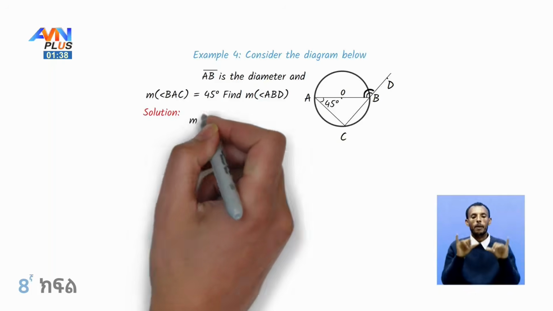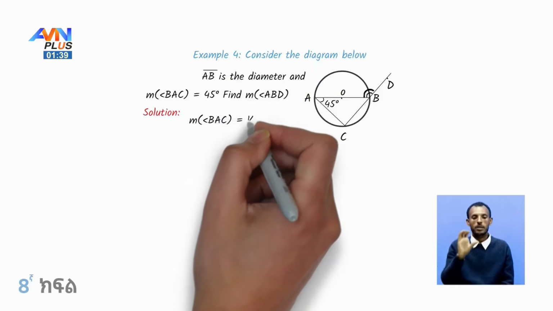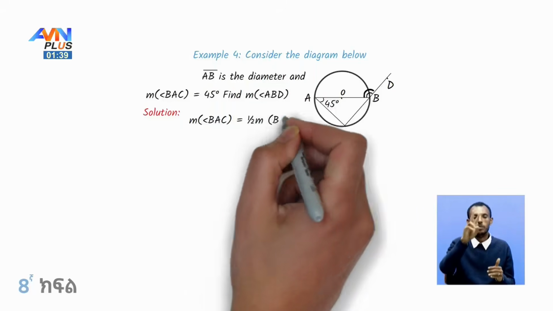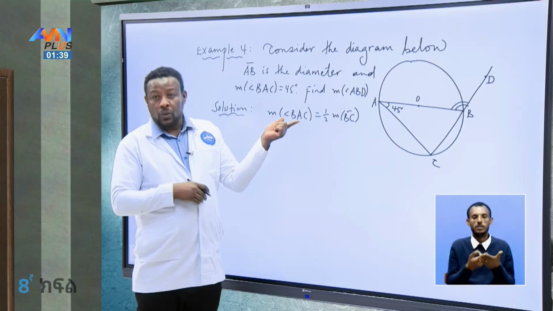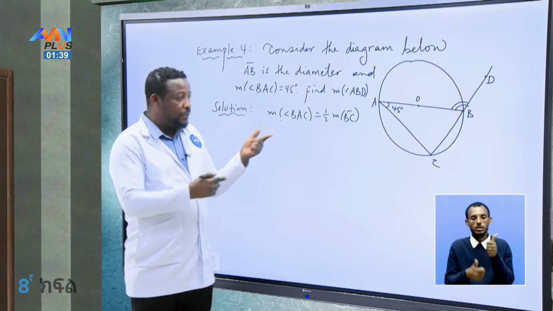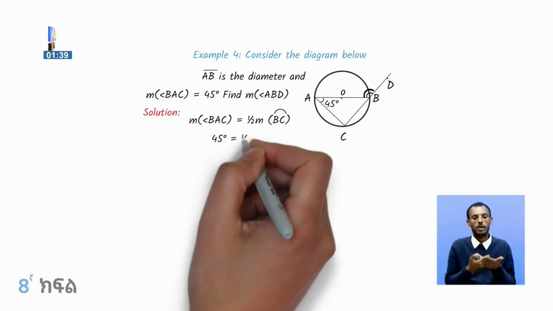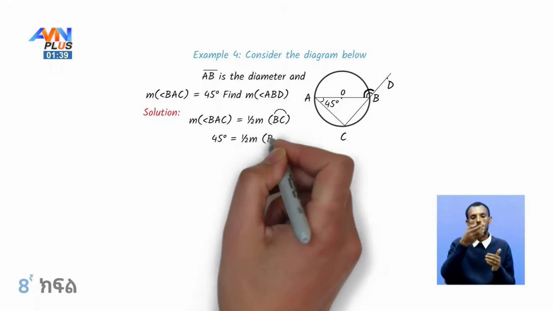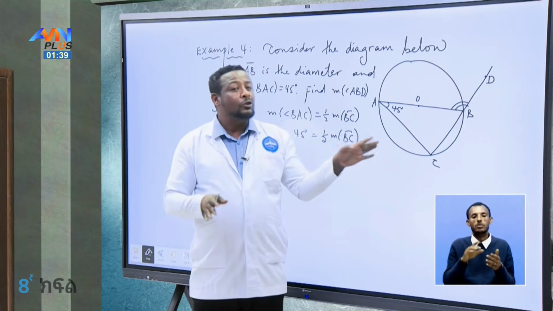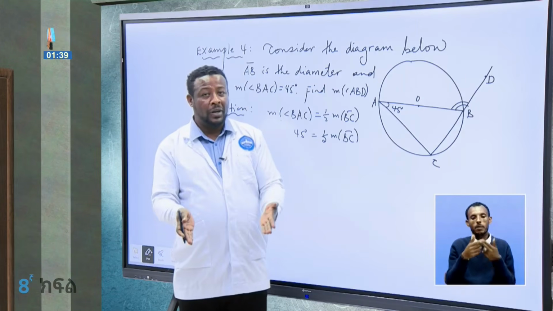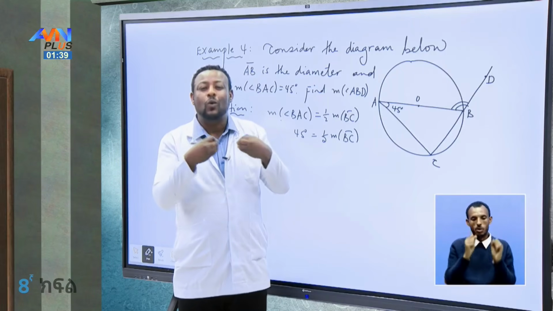The measure of angle BAC is equal to half of the measure of arc BC. Now, this is already known, which is 45 degrees. So substitute 45 here: 45 degrees equals half of the degree measure of arc BC. Now, to calculate this arc BC, you can multiply both sides by 2. This is a formal procedure, but you can sense what the answer is.